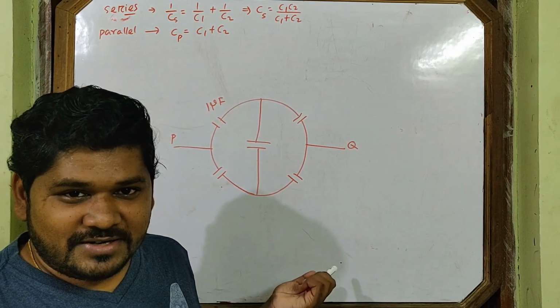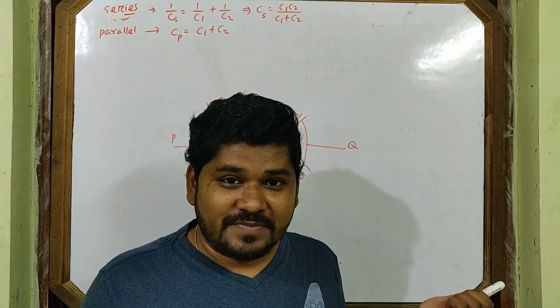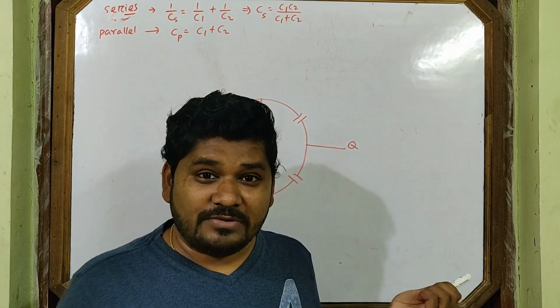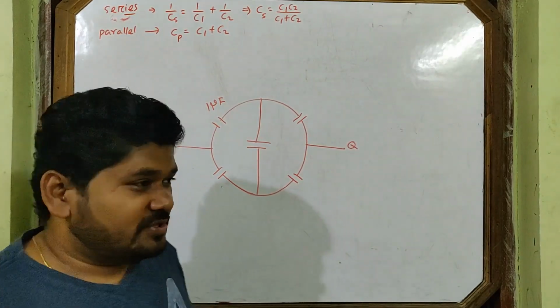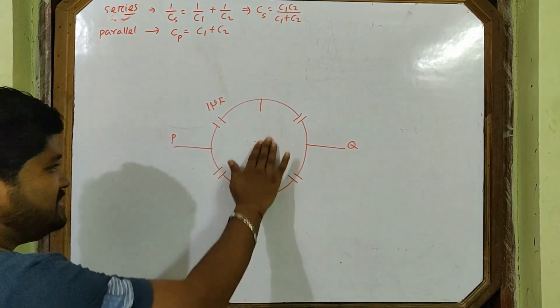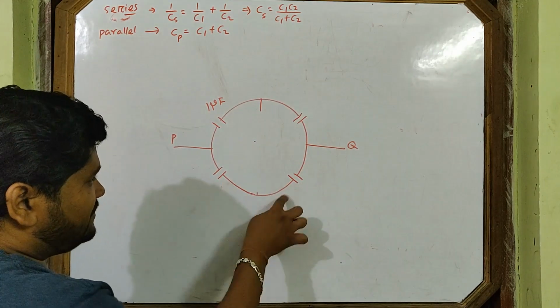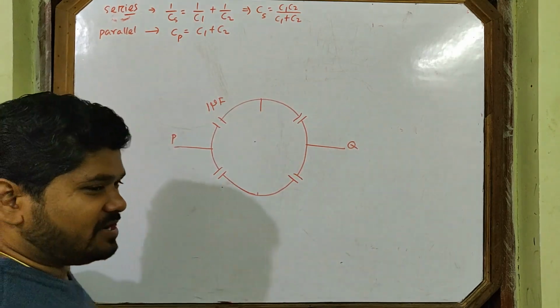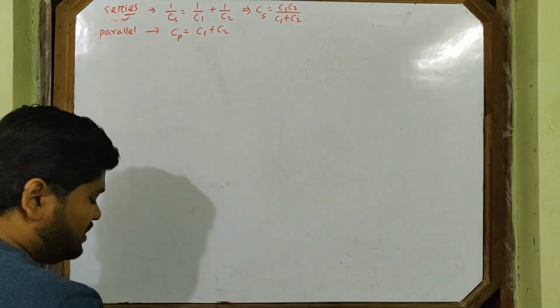Just before, I did which connection? Wheatstone bridge. Is the balance condition satisfied or not? You have to check first. P by Q equal to R by S. It's equal, so this capacitor you neglect. Then 1, 1 becomes 0.5, 1, 1 becomes 0.5, and 0.5, 0.5 gives a total capacitance of 1 microfarad.